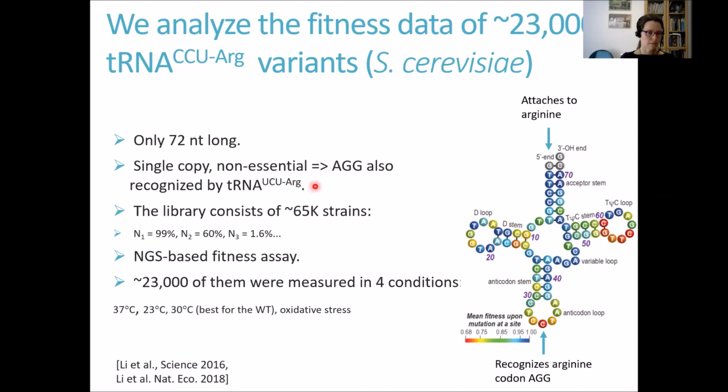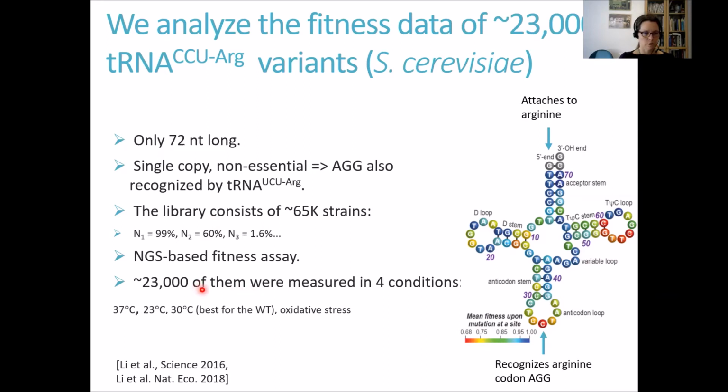In this set of experiments, the authors created a library of initially 65,000 different variants of this gene, which covered all the single mutants, a large proportion of double mutants, and so on, until genotypes that were even 9 mutations from the wild type.